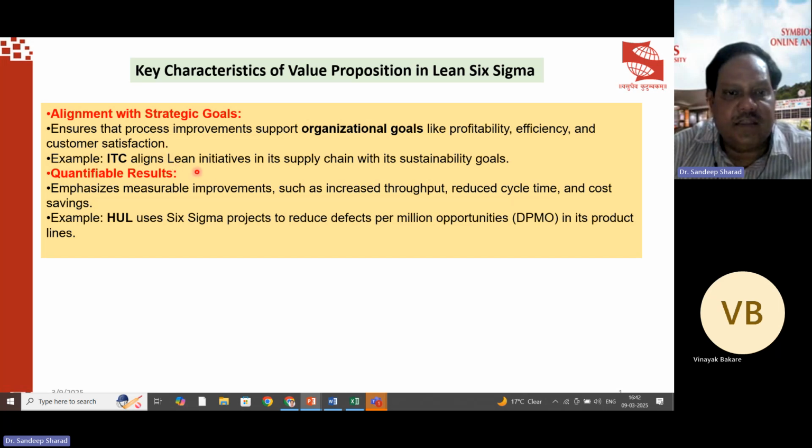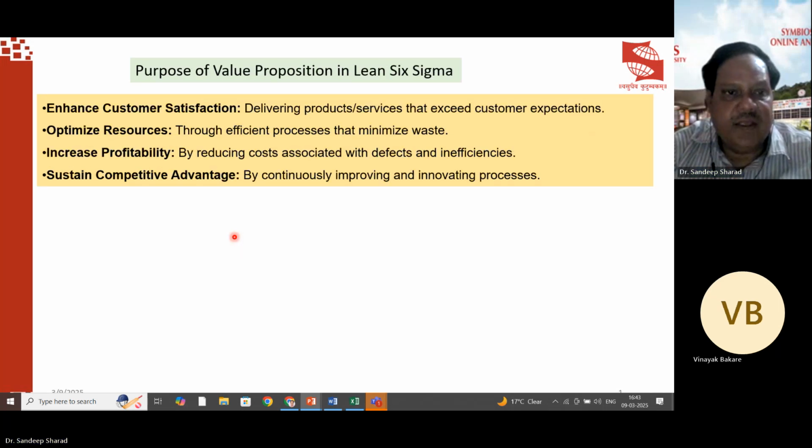Example, ITC aligns lean initiatives in its supply chain with its sustainability goals. Quantifiable results emphasize measurable improvements such as increased throughput, reduced cycle time, and cost savings. Example, HUL uses Six Sigma projects to reduce defects per million opportunities in its product lines.